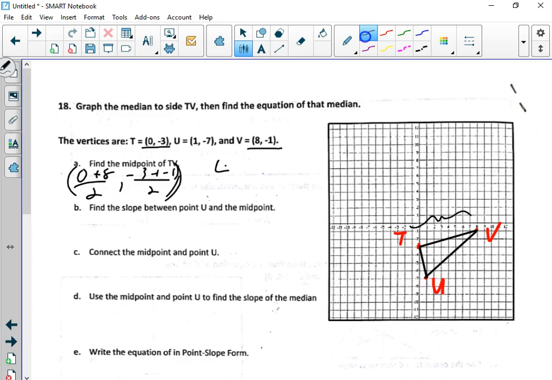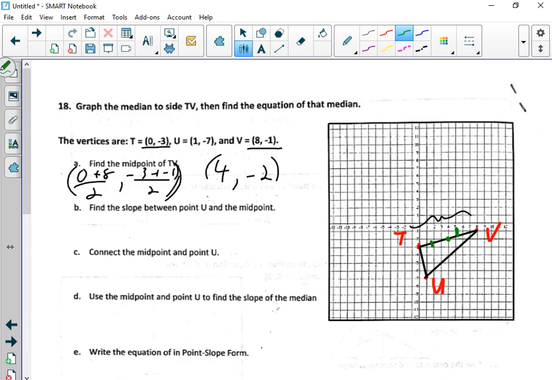So that's going to be 4. And be careful here, it's -3 plus -1. That's -4 divided by 2 is -2. So 4, -2. Right there. That is the midpoint, which means I can mark these equal now. Those two segments. Because that is a midpoint right there.